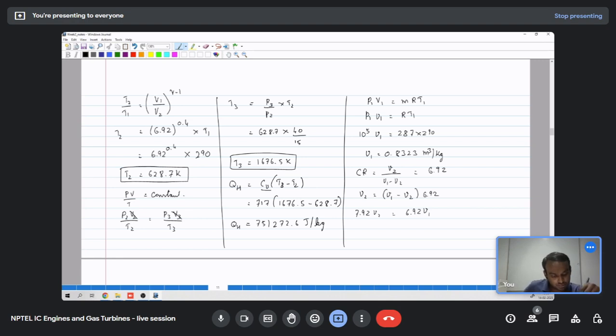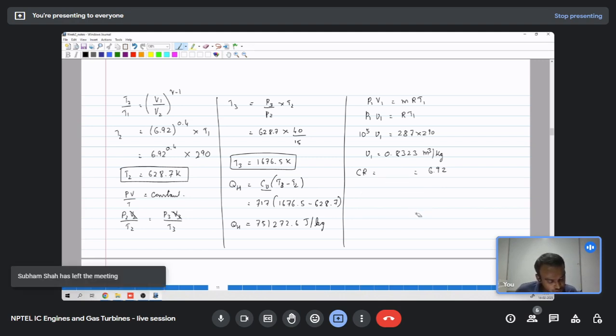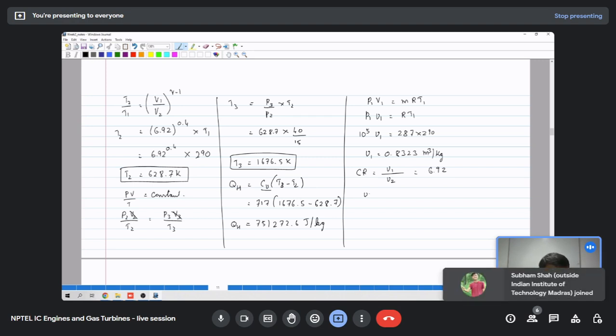I think, so compression ratio, okay, sorry, I put it the other way. Compression ratio is V1 by V2, yes. So we have V2 is V1 by 6.92.